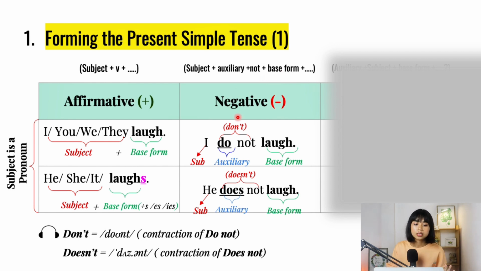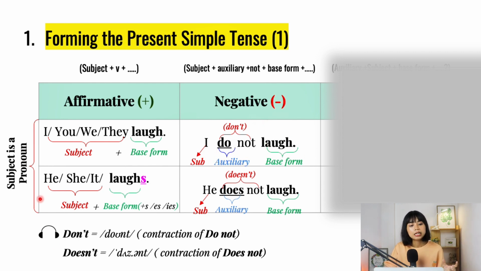In the present simple tense, when writing the negative sentence, we use the auxiliary verb do with these subjects I, you, we, or they. So the form is subject plus do plus not and then a base form. For example, I do not laugh. You can also use the contraction of do not, which is don't. For example, I don't laugh.